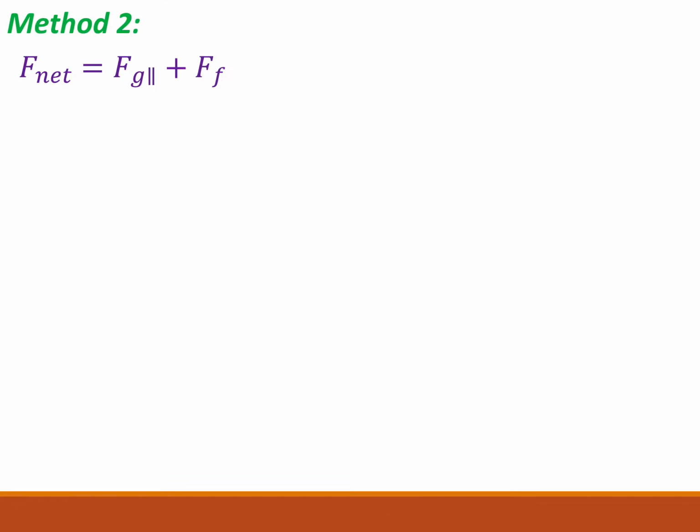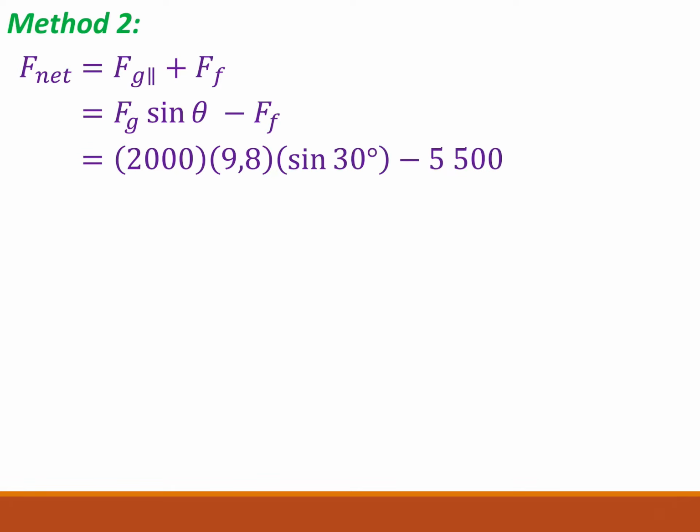The second method is this. F net equals Fg parallel plus Ff. I'm working out the net force parallel on the slope. Fg parallel, remember, is Fg sine theta minus force of friction. That's from grade 11. 2,000, that's the mass of the truck, times 9,8 sine 30, minus 5,550, 4,300 newtons.